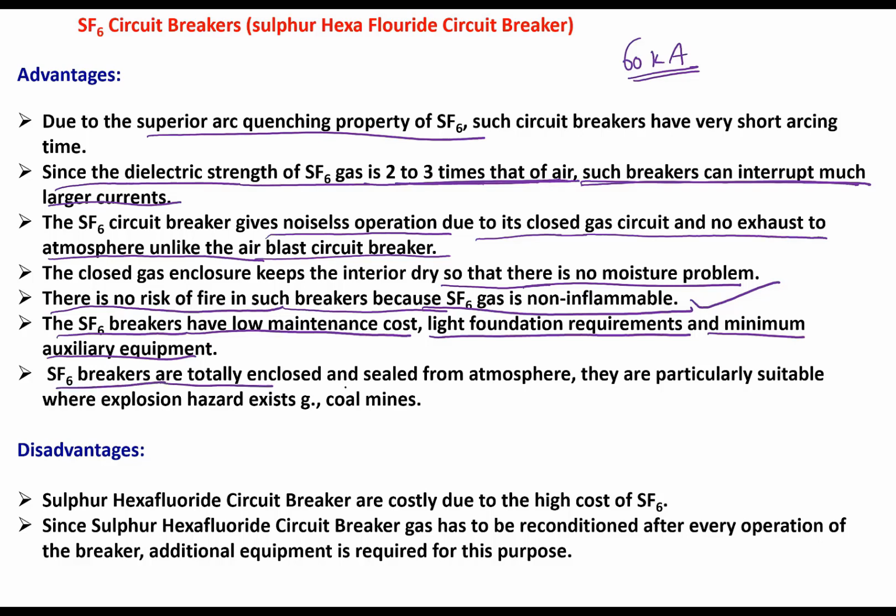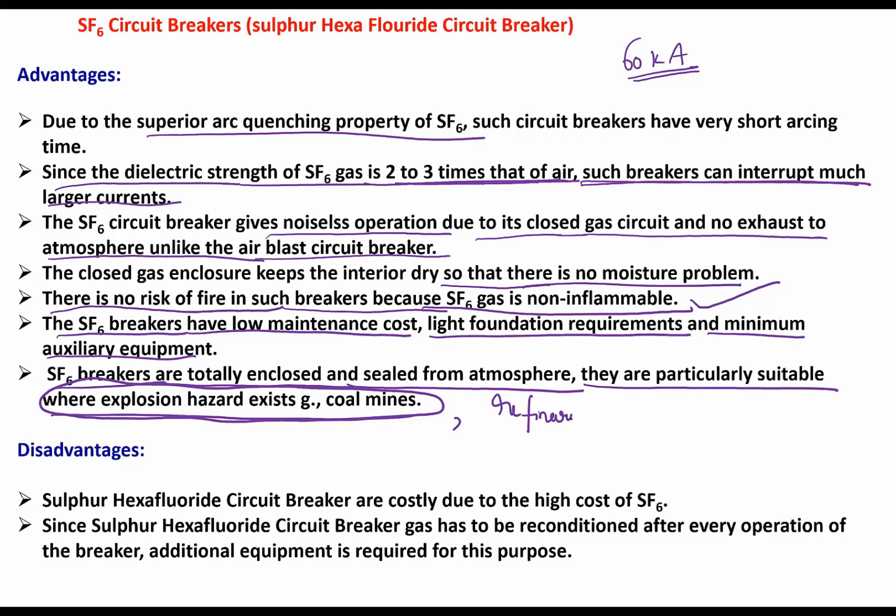SF6 breakers are totally enclosed and sealed from the atmosphere. They are particularly suitable, very important point, for coal mines. Next is refineries, chemical industries, where the atmosphere may contain some hazardous flammable gases.